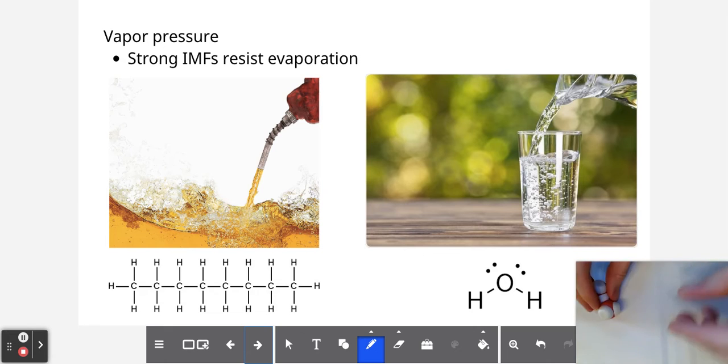On the other hand, on the left here, we have gasoline. If you've ever pumped gas and a drop of gasoline spills and hits the ground, you'll smell it immediately. That's because gasoline evaporates quite quickly.